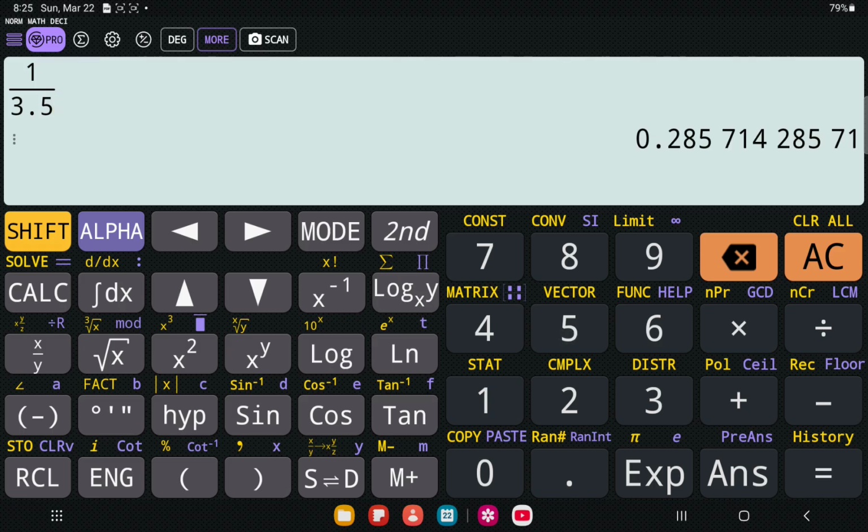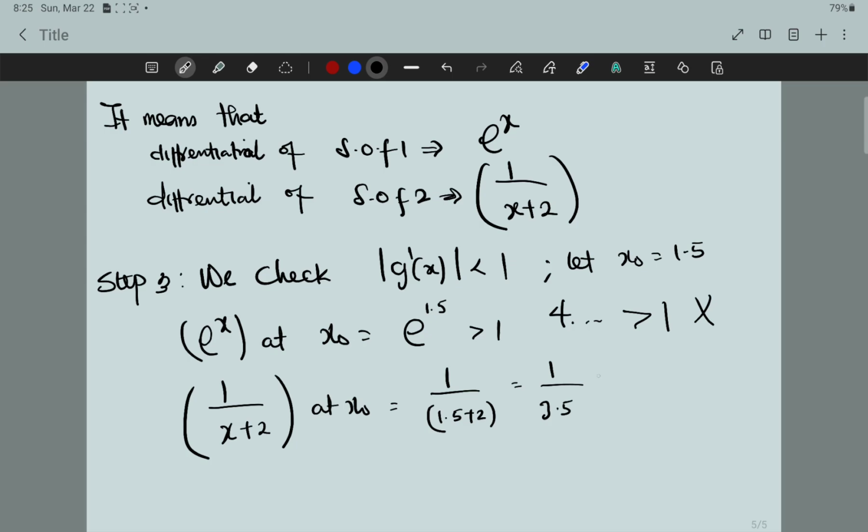We have that as 0.285, and you see, 0.285 is less than 1. So this one is approved. After finding out whose differential is less than 1, you now go back to the subject. So step 4 now.